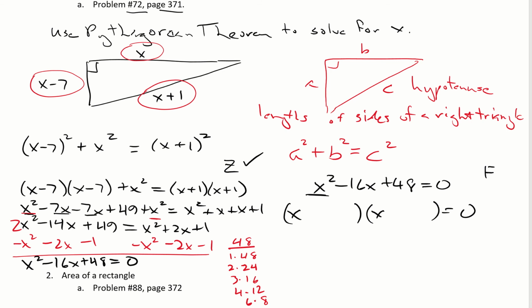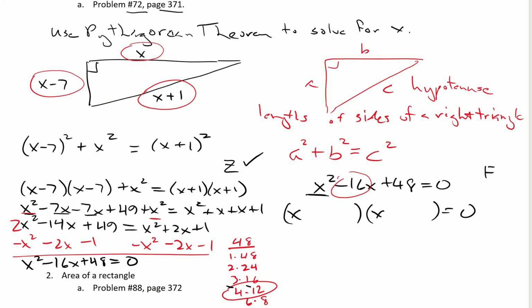But we want the ones that add up to minus 16. There's a winner. If all I have to do is change their signs so that they still multiply to make 48 and add to minus 16, we've got it.